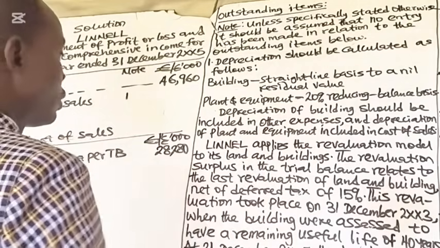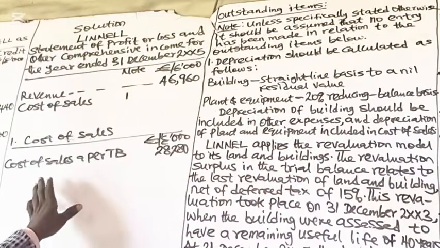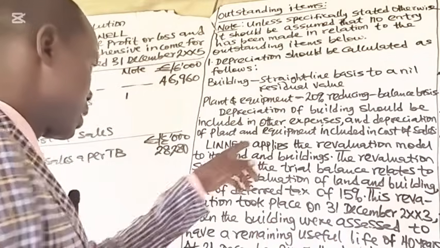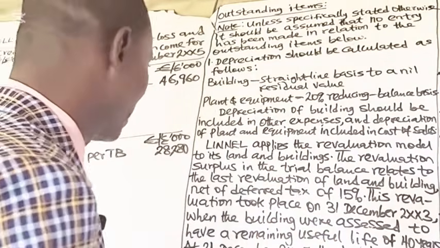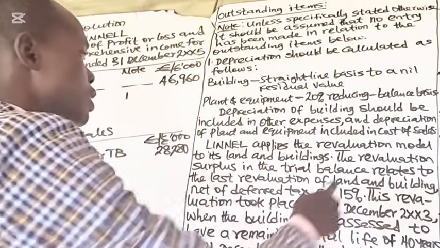Depreciation of building should be included in other operating expenses. So that means the depreciation of building will not be included in the cost of sales, but in other operating expenses. And depreciation of plant and equipment is included in cost of sales.